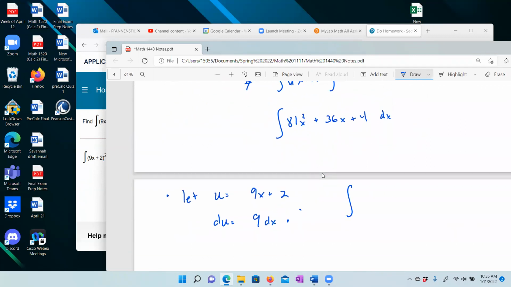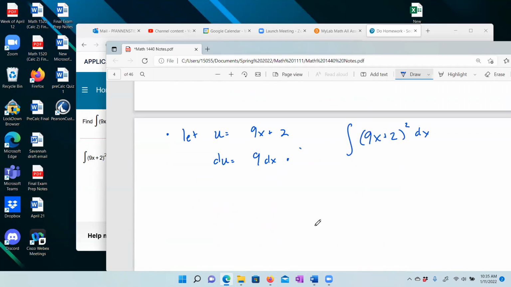So remember, we started off with the integral of 9x plus 2 squared dx. So what we're going to say is, u is equal to 9x plus 2. So we have the integral of u squared. And notice what du is. du is 9 dx. So here's our dx, and I need a 9.